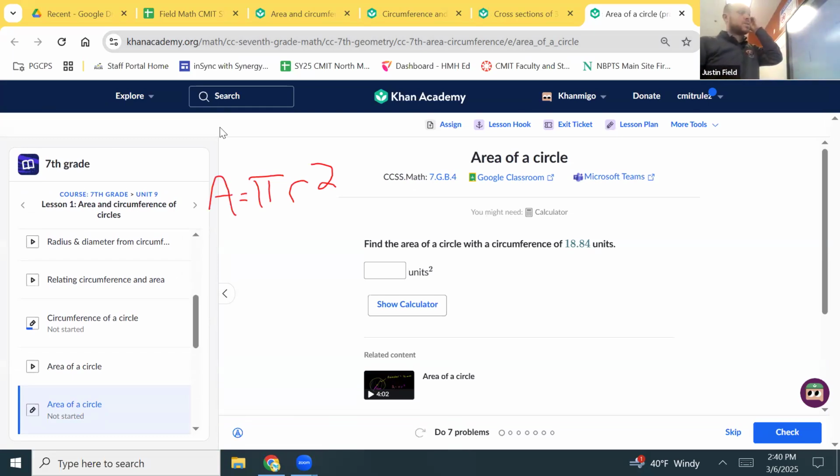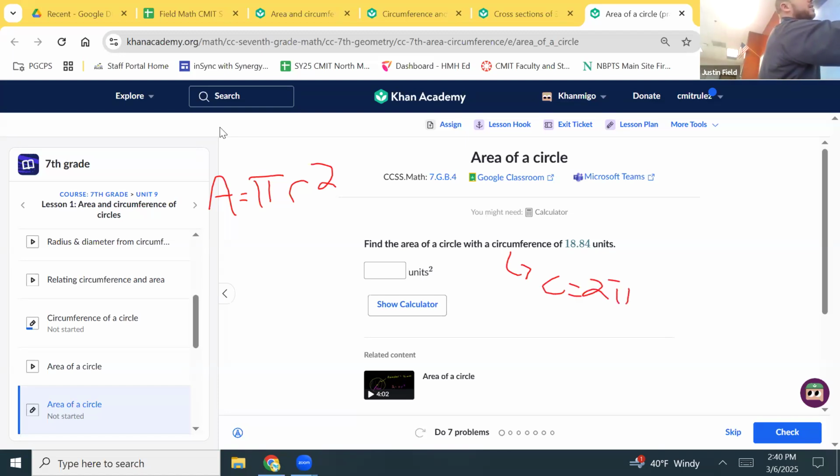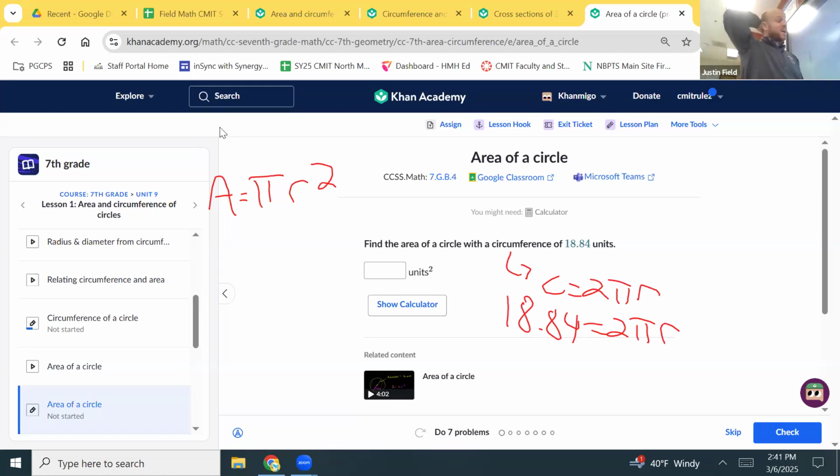Find the area of a circle with the circumference of 18.84. And I know the circumference formula is C equals 2 pi r. 18.84, it doesn't tell me to use 3.14. So if I divide this number by 2 pi, I'm not going to use 3.14.